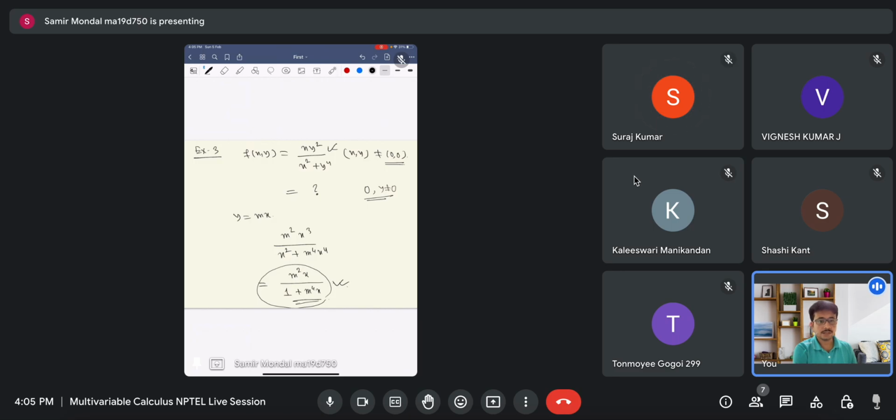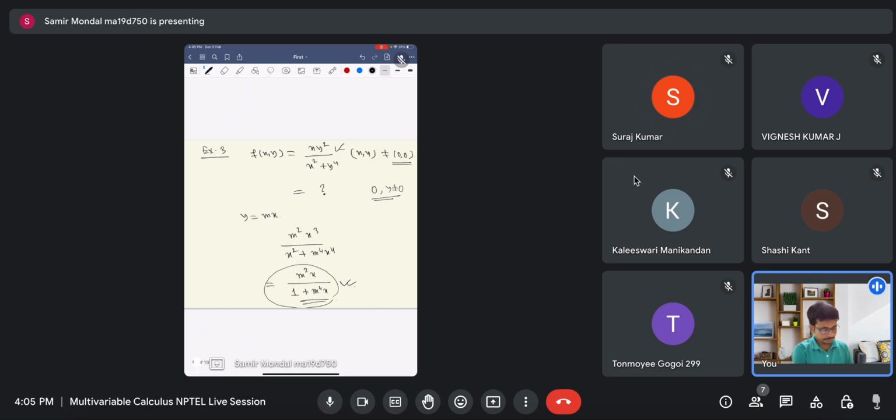Fine. Yeah, but in this case also, these quantities depend on x. So from here also we can't conclude anything. When your y equal to mx, you put this path, this depends on your x. We were looking for something independent of x, but here this quantity fully depends on x.